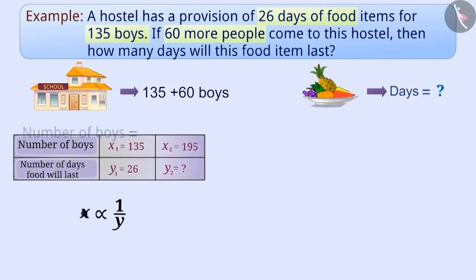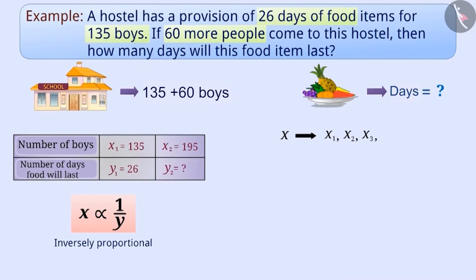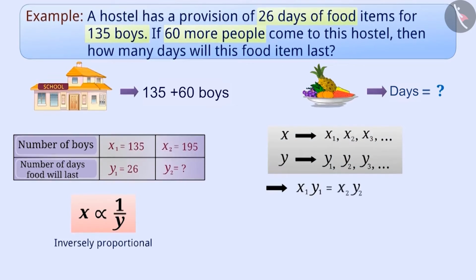If X is proportional to 1 by Y, then the values of X are X1, X2, X3, etc. and corresponding Y values are Y1, Y2, Y3, etc. respectively, then X1 Y1 is equal to X2 Y2 which is equal to X3 Y3 which is equal to etc.